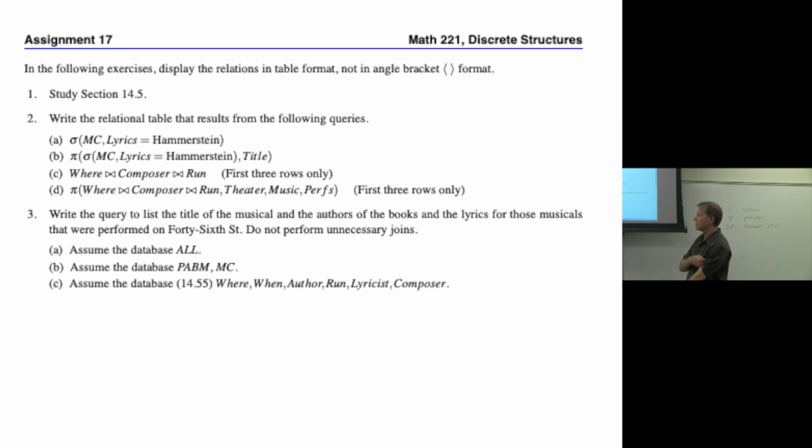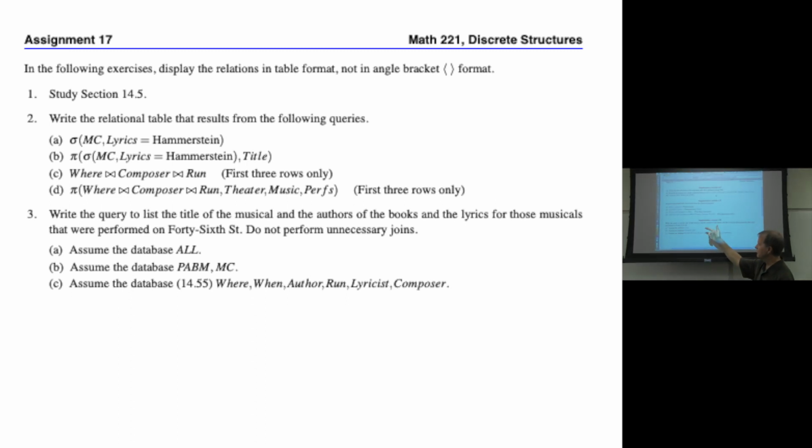So select selects the rows. But on the other hand, what does project do? It'll give you the column. Yes, project projects out a column. So in part A, we did a select on MC, lyrics equals Hammerstein.